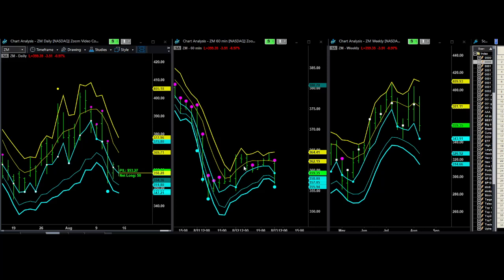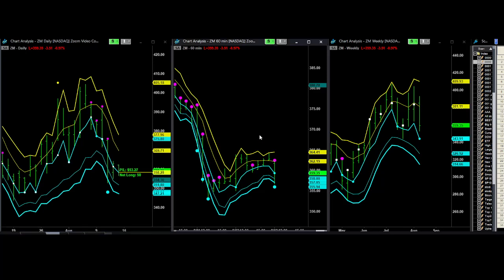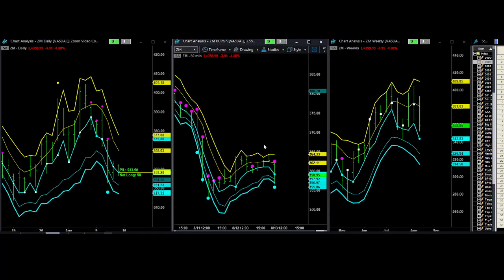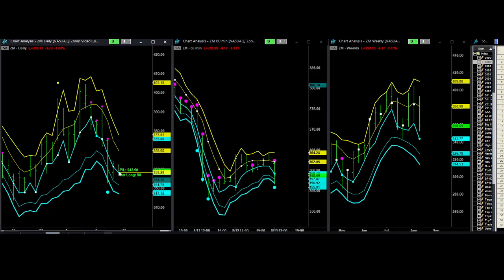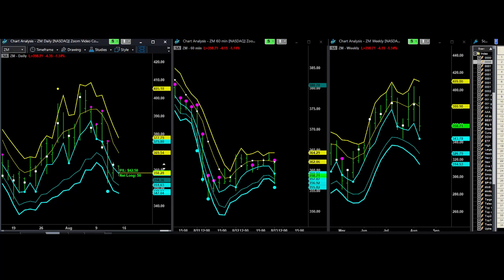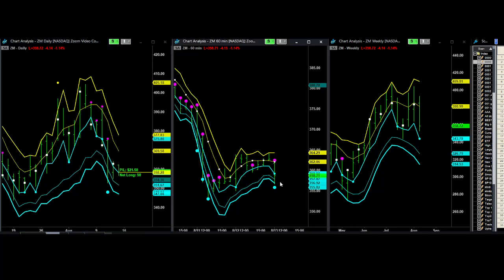For this 60-minute chart, there is a maximum value that is already predicted here, around 362.23. Right now the stock price is about 358 or 359.